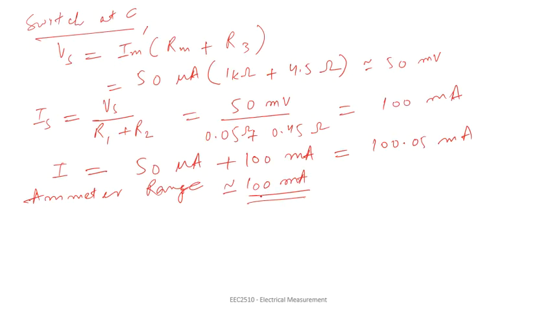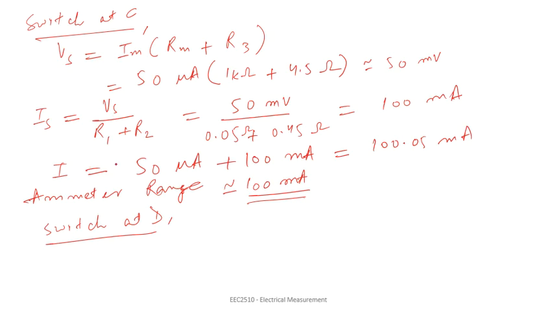Similarly, you just repeat this procedure for the third case as well, when the switch is connected to point D. You see what the possibility is, which resistance will be in series with which resistance, and how you calculate these different values.